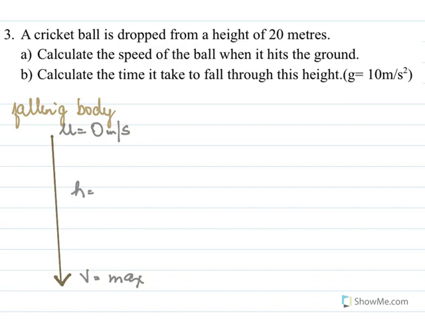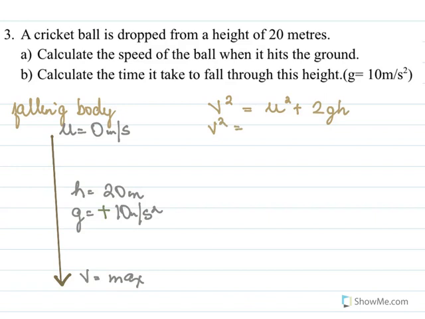Here the height through which it falls is given as 20 meters. And they said the acceleration due to gravity has to be taken as 10. So your G will be 10 meter per second square. And it is positive because it is a falling body, there is acceleration. So in the first part we use equations of motion, and we will use the one V square equal to U square plus 2GS, which means V square equal to U square plus 2GH. So we don't know V square.